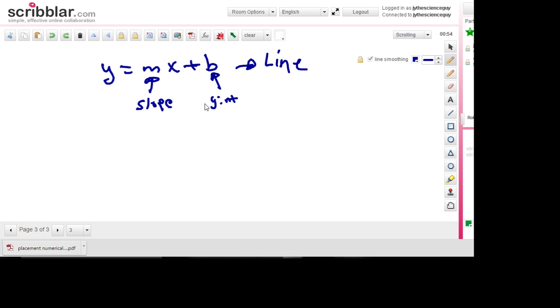So like if I have two points, that's x and y, and you've got to figure out where they go on the graph. Right. You can also find the slope by not even doing a graph.